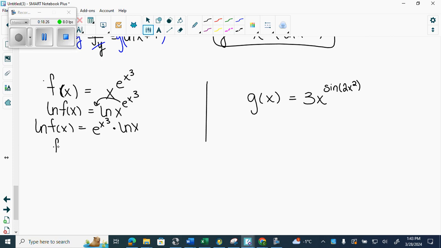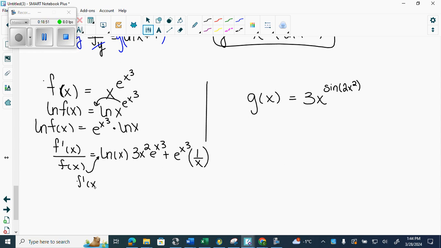So then we get f prime of x over f of x equals g times f prime, which is 3x squared e to the x cubed, plus g prime. So we move this up here. So we're going to get f prime of x equals x e to the x cubed.